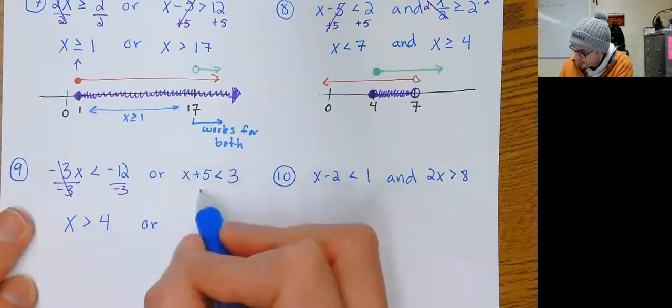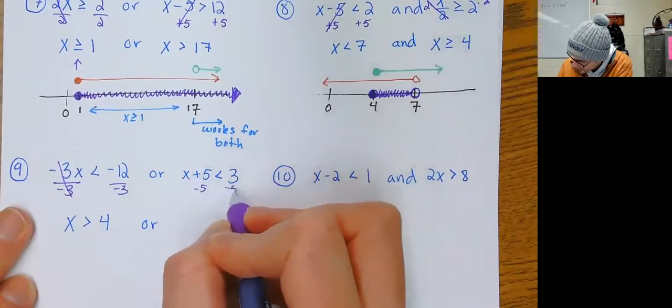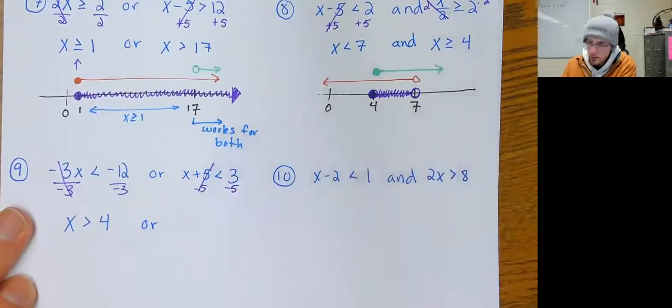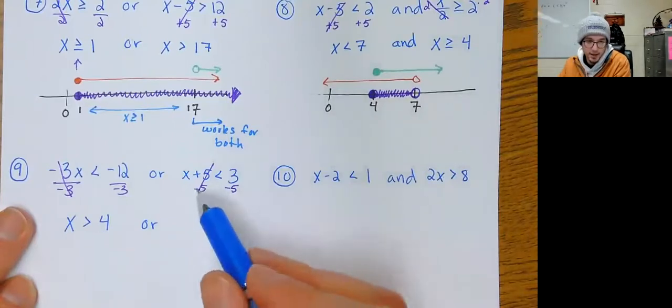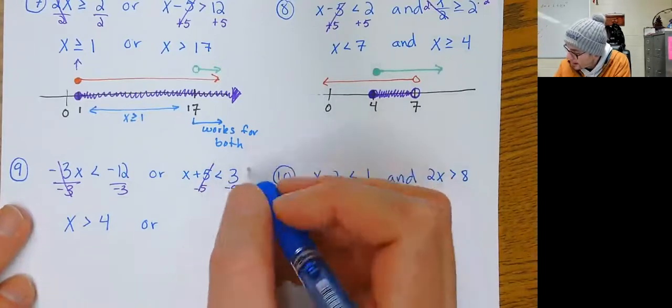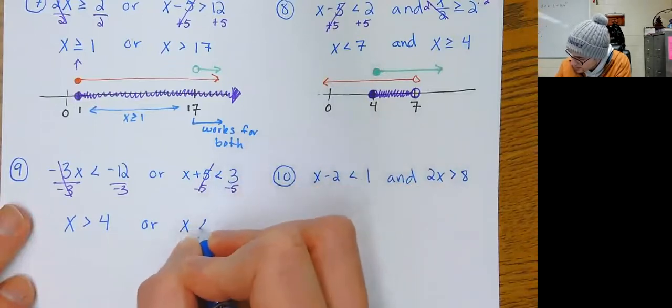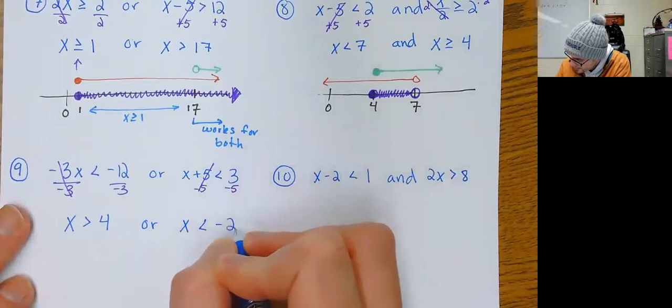Then over here, -5, -5. Don't get confused minusing with dividing or multiplying by a negative. I get that it looks like a little negative, but that's a minus. That's the reason on a calculator there's a negative button and a minus button. They are different. So we get x is less than -2.